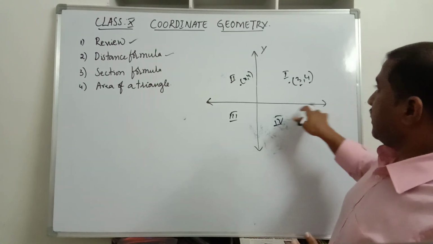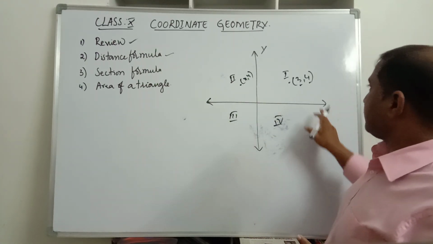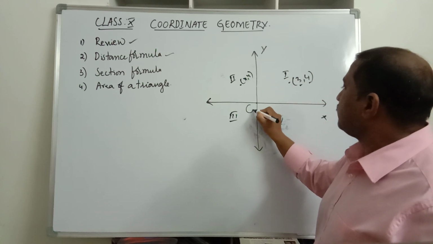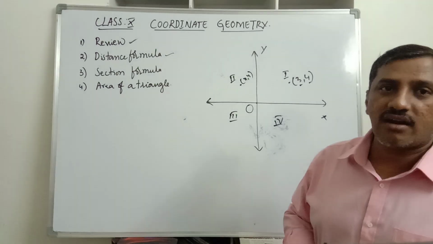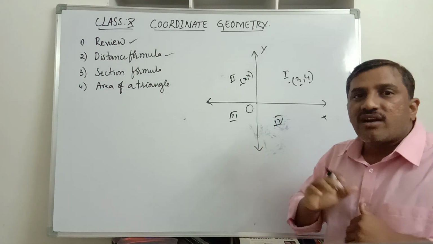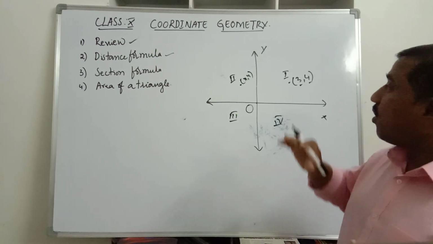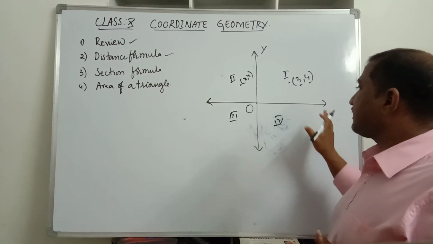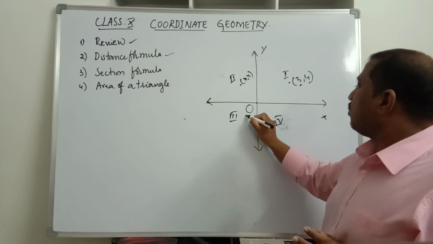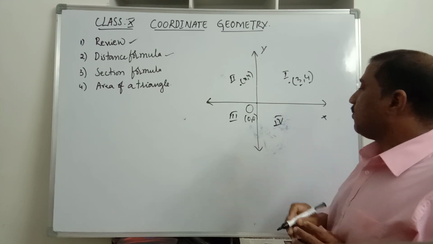You see here, the two coordinate axes, the x-axis and y-axis, intersect at a point. This point is called the origin and is represented by a capital O. So the origin is the point of intersection of the coordinate axes. Its coordinates are 0, 0.